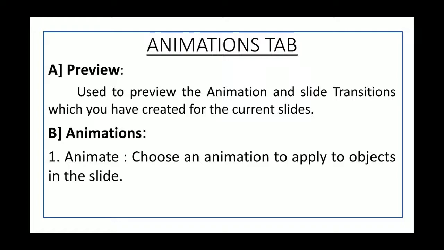Okay, next one will be Animations. Here, Animate: choose an animation to apply to objects in the slide. You can select which animation you want and which slide you are going to apply it to, that you have to select here. Already, many predefined animations are there in the PowerPoint presentation.